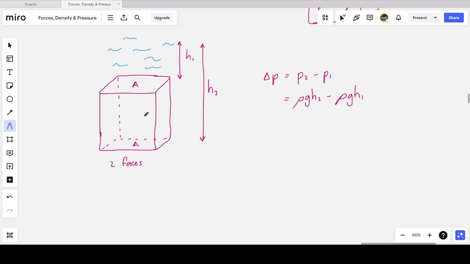Obviously, rho and g remain constant because the water is not changing density, neither is g changing value. And so I get the difference in pressure between the top and bottom surfaces of this box is rho g delta h.